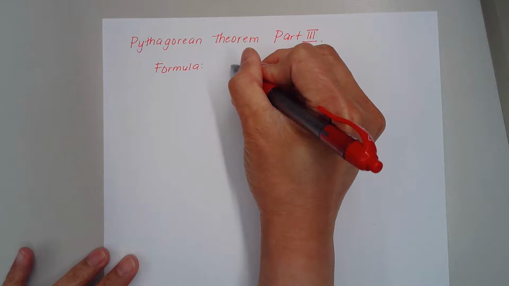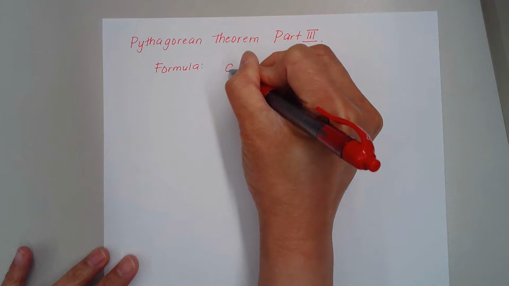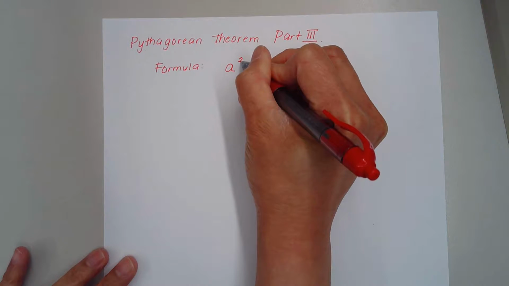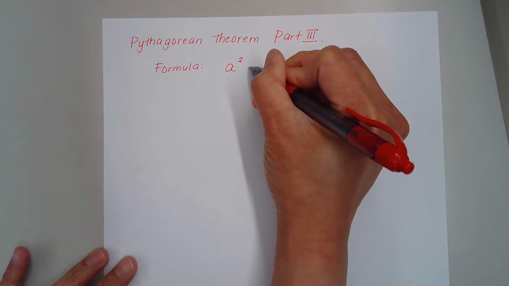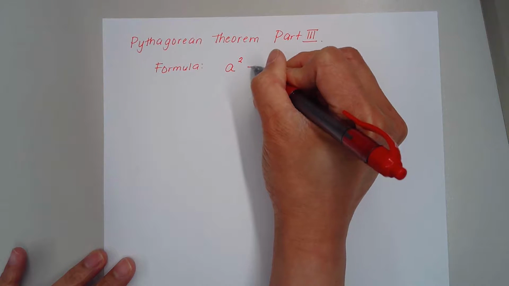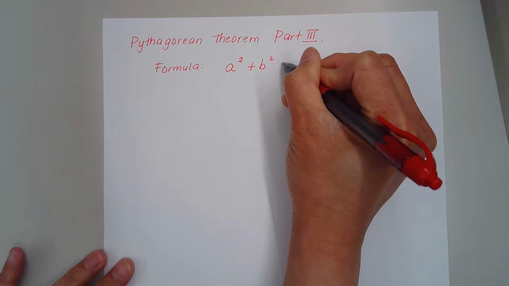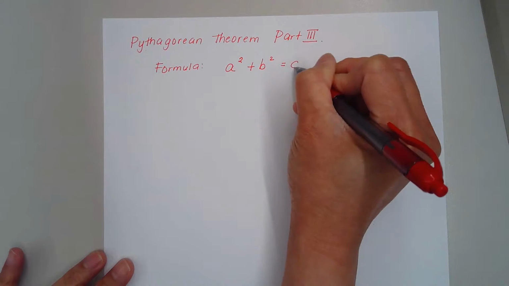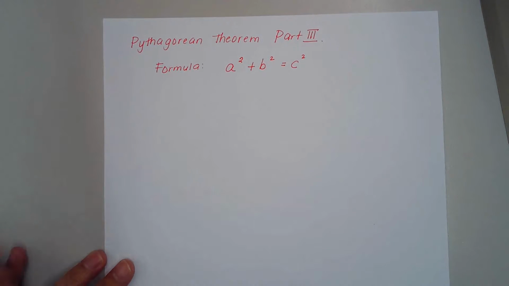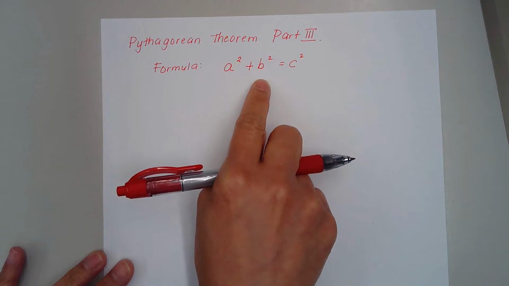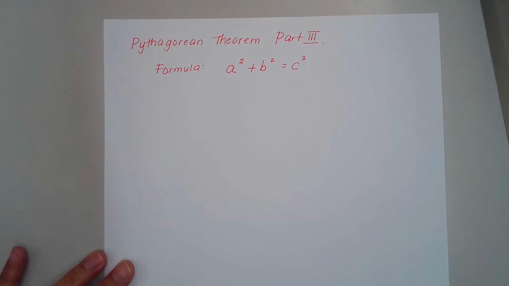Hypotenuse, yeah. What's the formula? A squared. Yes. Plus B squared equals C squared, right? So A squared plus B squared equals C squared.